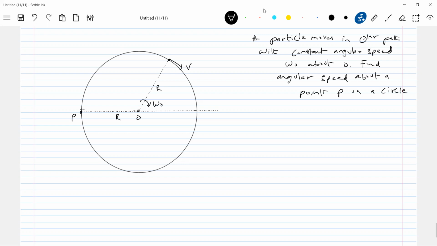What I'm asking, so what information do I have? I have V equal to R omega naught. V is not given, omega naught is given. This angular velocity about O, we know it. Then what is the angular velocity of the same particle about a point P on the circumference?